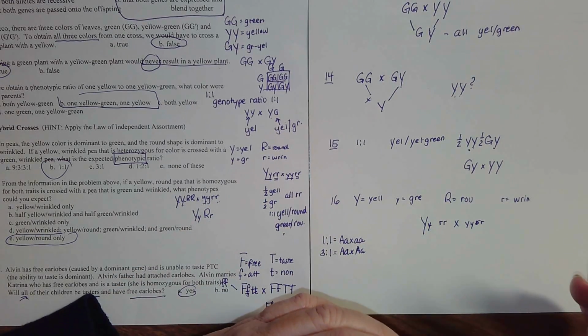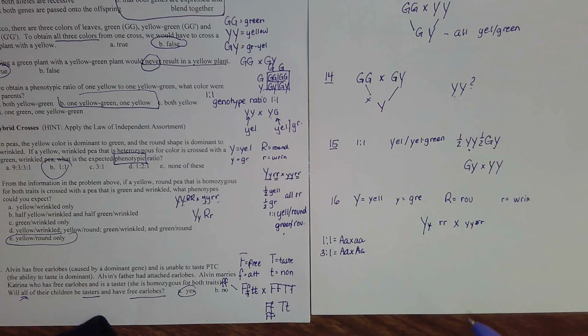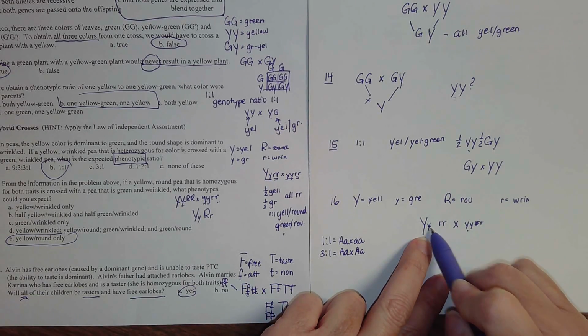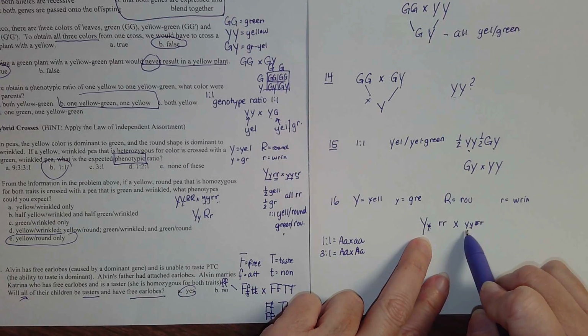If you remember those, and then the other two later, you can actually solve a lot of problems without doing Punnett squares. So if I'm looking here, I've got half and half, which is 1 to 1, and you can see what that ratio is.